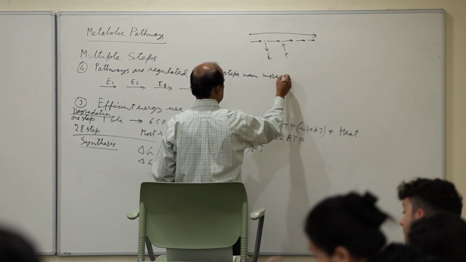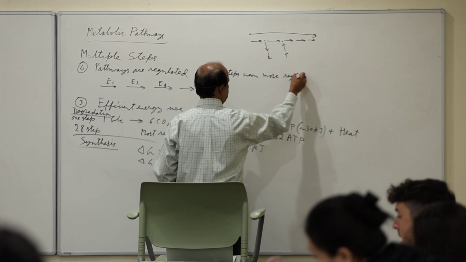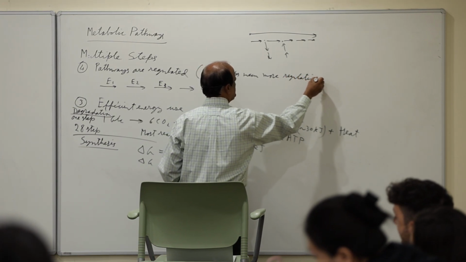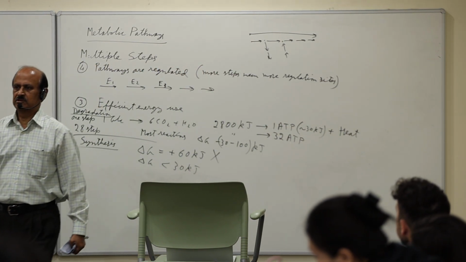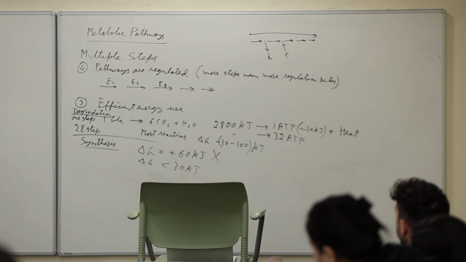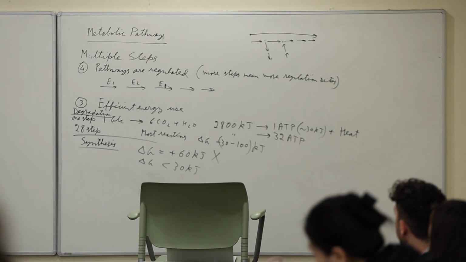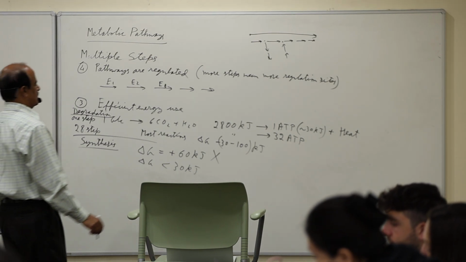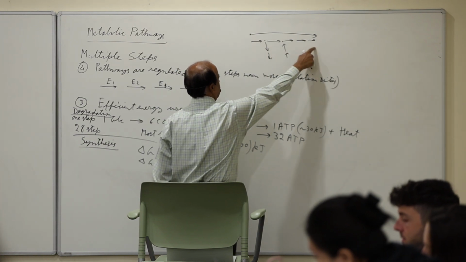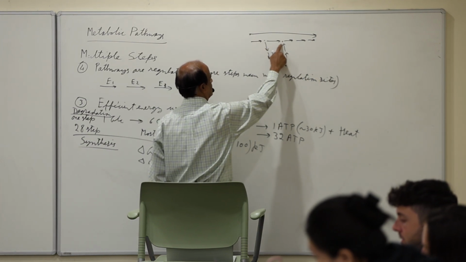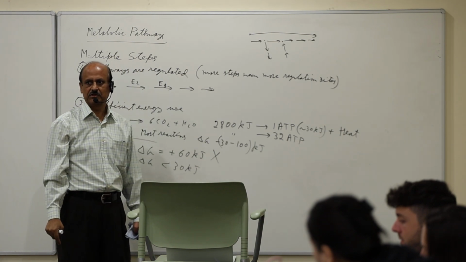So more steps means more regulation sites. And that way the pathway can be controlled better. So in this one, let's say this is a pathway that has this branch and that is another branch coming into that pathway.